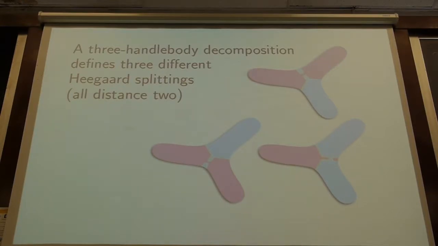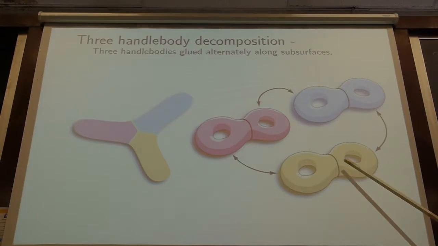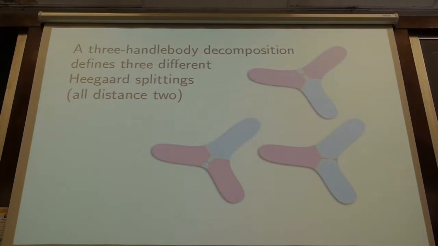That tells you that the separating loop you used to make that leg was low distance, or that its distance is less than the genus of that Heegaard surface. So geometrically, we would expect these three to be distinct, and it turns out that they are.